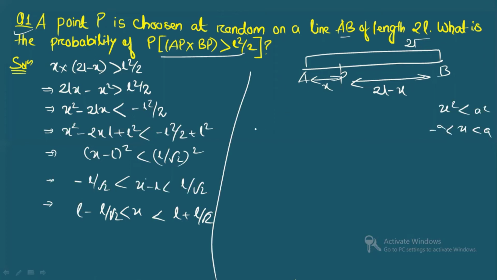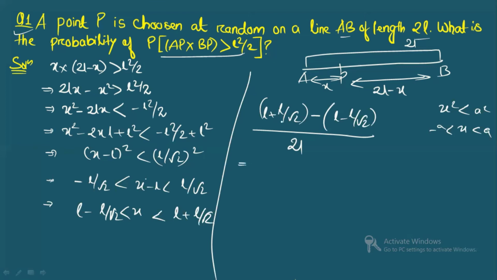So here the total is what? The total length is 2L, and the favorable length will be greater than this, less than this, right? So it is L plus L by root 2, minus L minus L by root 2. Clear?